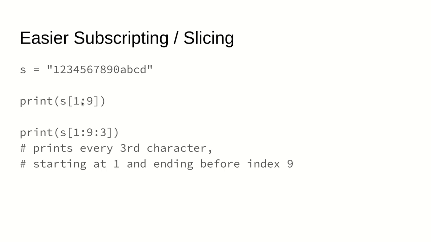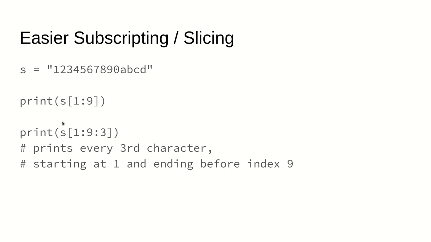You can also give a value for how much the step will be between items. So for instance, in this example where we say 1:9:3, this will get characters between 1 and 9, but it will skip 3 indexes each time.